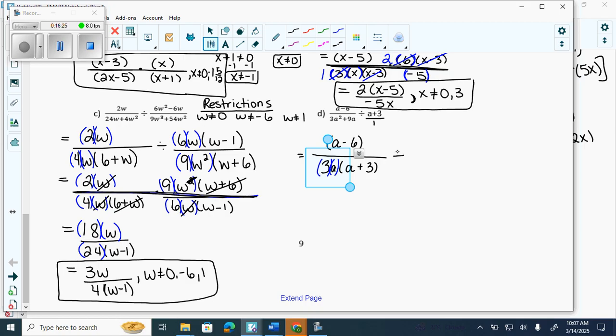Okay, divided by A plus 3 over 1, being a monomial. Okay, so we have 3 is not a problem. A can't equal 0. A plus 3 can't equal 0. So A can't equal negative 3 by moving that over. That's the same as that one, and then a 1.